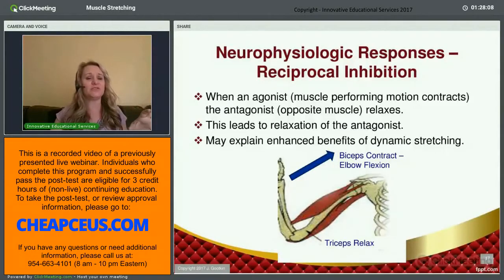All of those various neurologic responses that are occurring are aiding us in our stretching. And this is what you should be considering as you're applying your different force and you're making your stretch selections. We'll go over them specifically. The secondary aspect that I said, in addition to all of those active control mechanisms, are our passive control.